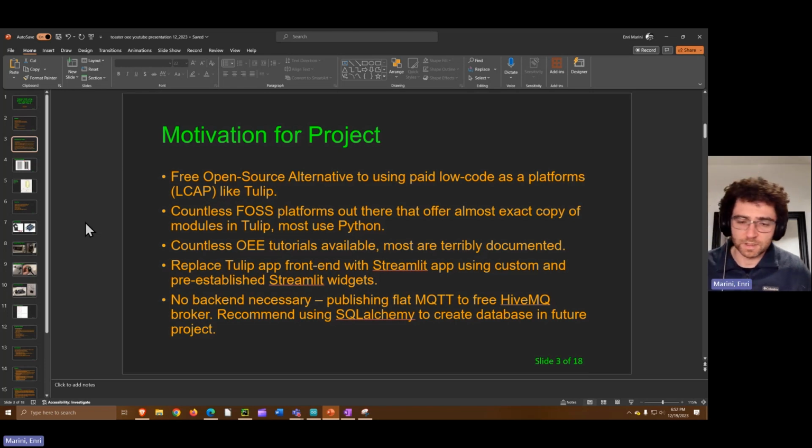So I really just wanted to see if I could make a free open source alternative to Tulip and other such low code as platform environments, using purely open source technologies.